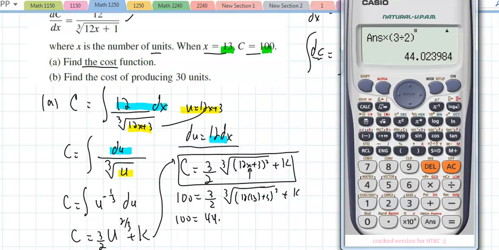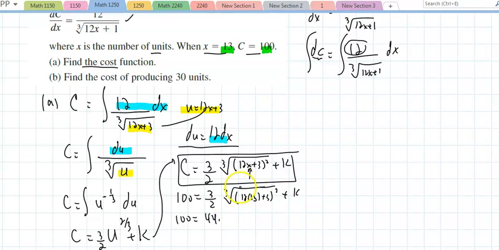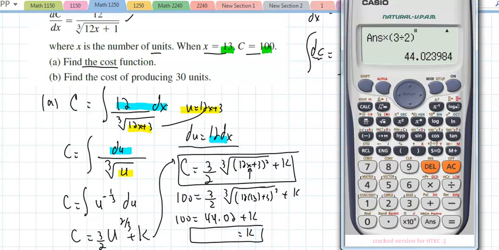And remember, these are dollars. So k would be 100 minus that.